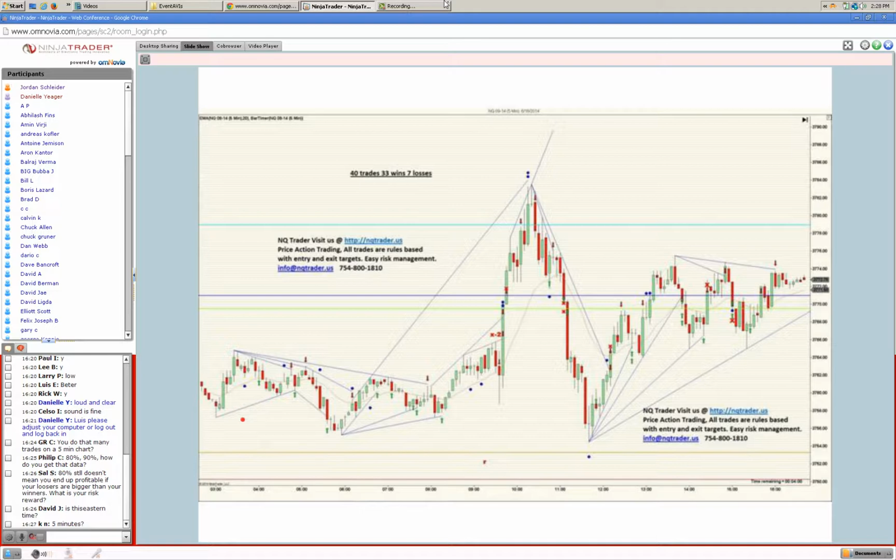Okay, so what we're doing is we're trading off support and resistance. This is a 20-period EMA, and we do some trades off the 20-period EMA. We trade off of trend lines, and those are the blue lines that you'll see running up and down the chart, and they're all manually drawn. The EMA is an automatic indicator. That's an easy one right there.